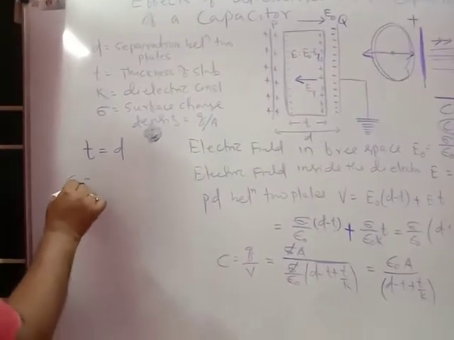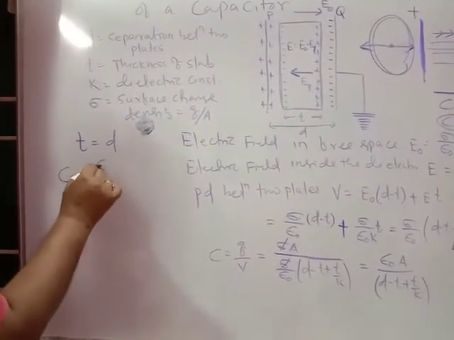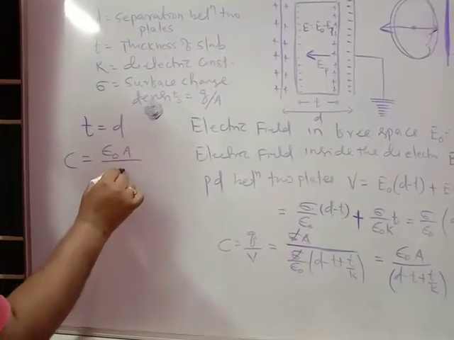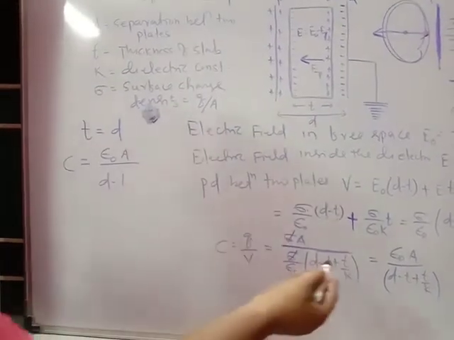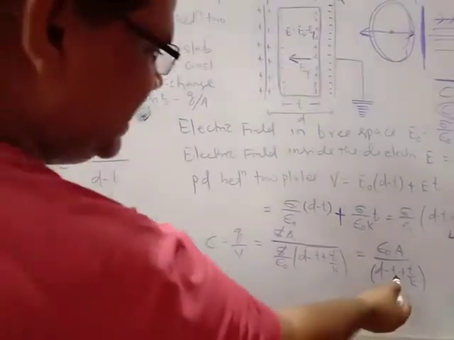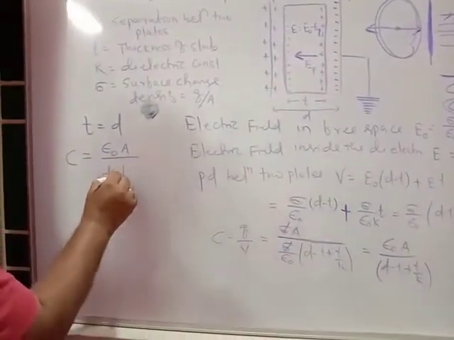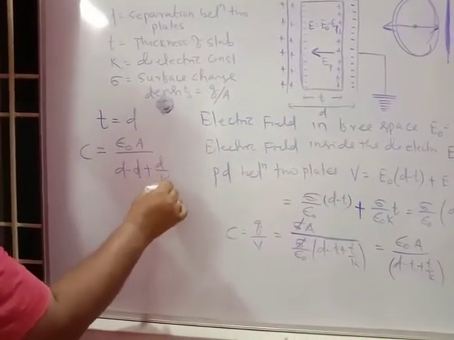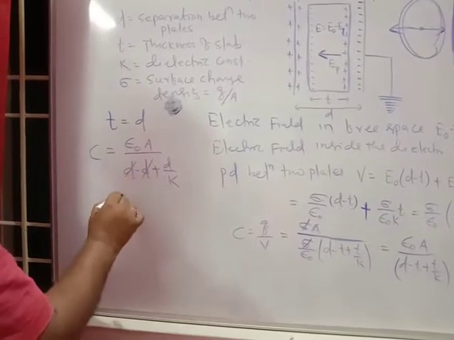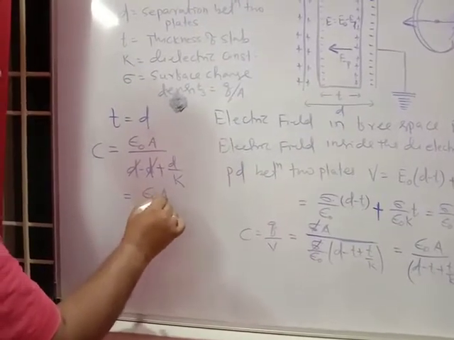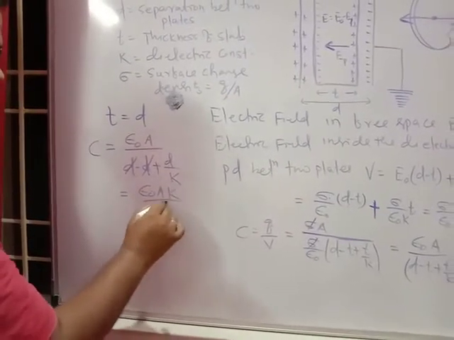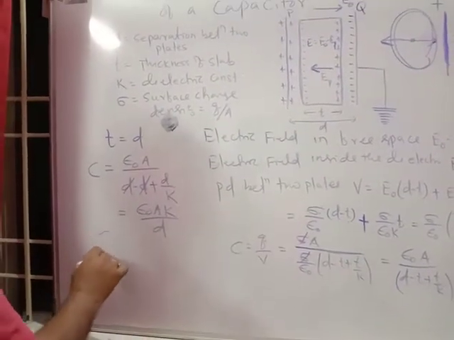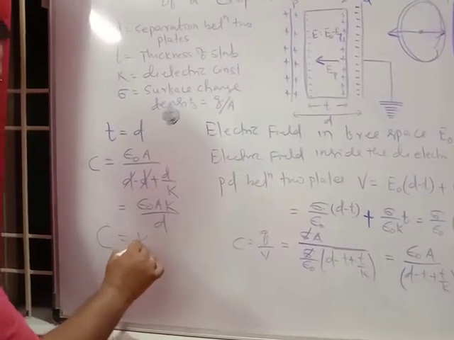You find C equals epsilon naught A upon D minus T plus T by K. In place of T we can write D: D minus D plus D upon K. So D minus D cancels, remaining is epsilon naught A K upon D. So C equals K into C naught.